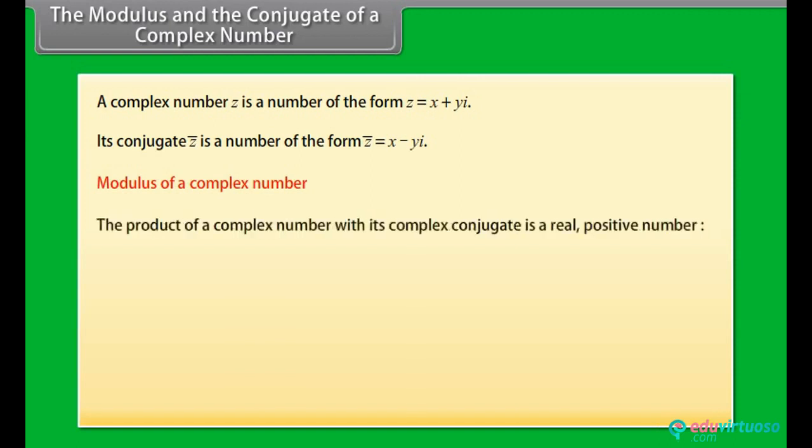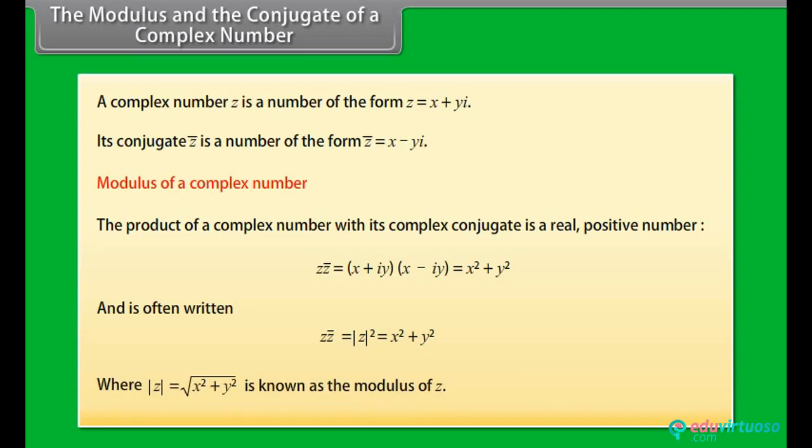The product of a complex number with its complex conjugate is a real positive number, that is, z into z bar is equal to (x plus iota y) into (x minus iota y) is equal to x square plus y square, and is often written z into z bar is equal to square of modulus of z is equal to x square plus y square, where modulus of z is square root of x square plus y square.